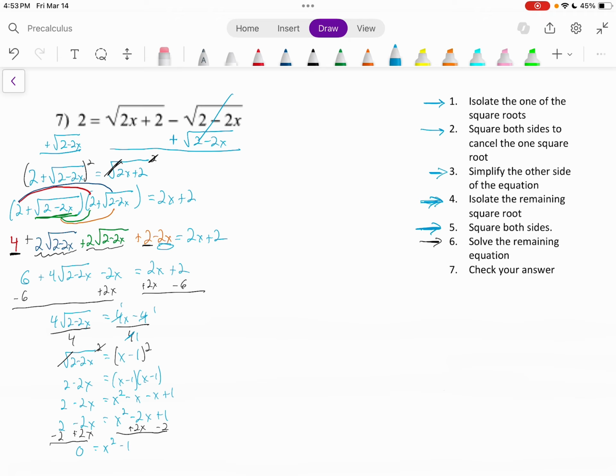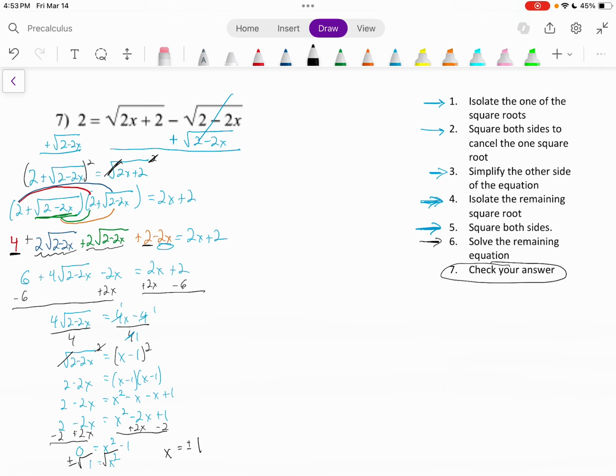We have a couple different ways to solve this. We can add 1 to both sides. So we have 1 equals x squared and take the square root of both sides, x equals plus or minus the square root of 1, which is 1. And we do need to check our answer.